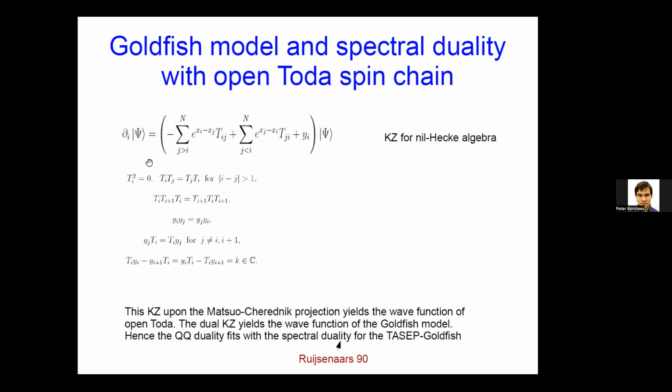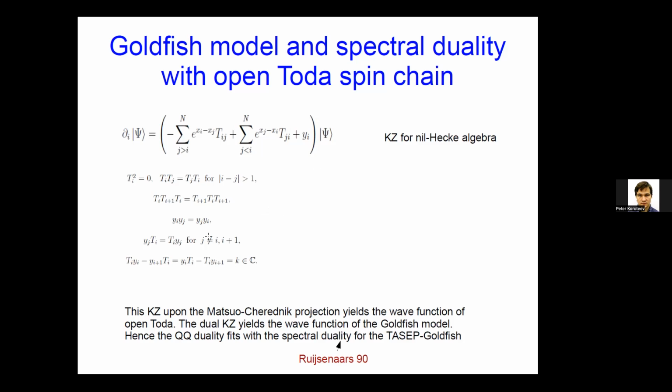And it turns out that just this operator is relevant for the proper limit of the Knizhnik-Zamolodchikov equation. And indeed, we see that if we perform the same procedure, consider the solution to this equation at the Matsuo-Cherednik projection, it turns out that this solution upon Matsuo-Cherednik projection provides the open Toda chain wave function.